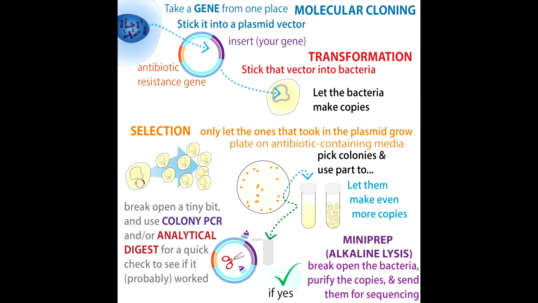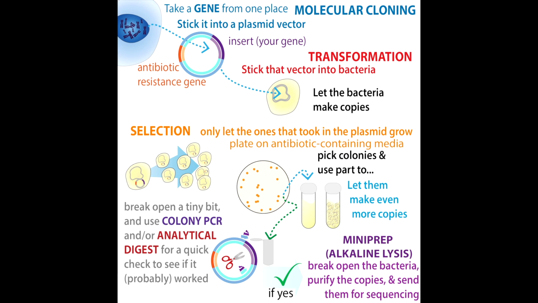In addition to the gene or the instructions that you're interested in, the plasmid also has a selection marker. Usually this is an antibiotic resistance gene. Not all the bacteria will take in the plasmid, but those that do will have the antibiotic resistance gene, so they'll make that antibiotic resistance protein.